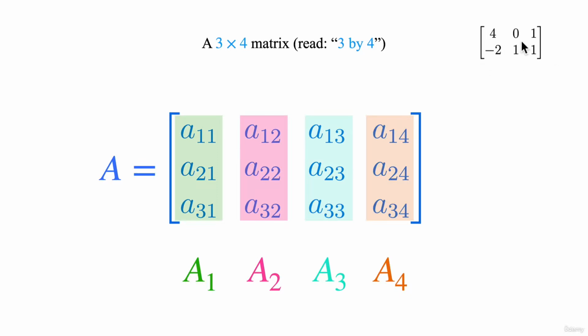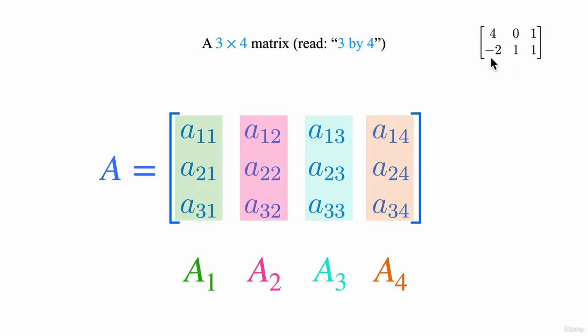This element 1 is A22, the second row and the second column, and the last one is A23 because it's in the second row and in the third column.